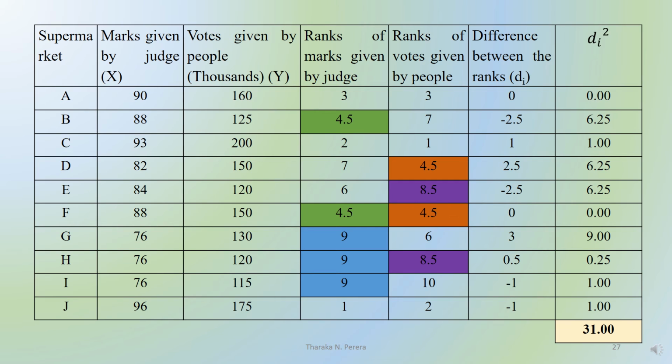In the case of Y ranks, there are 2 times 4.5 ranks, so the third m value is 2. And 2 times 8.5 ranks, so the fourth m value is also 2. We have to use 2, 3, 2 and 2 as m values for the correction factor of the formula.